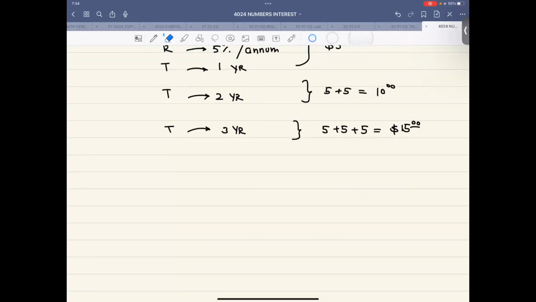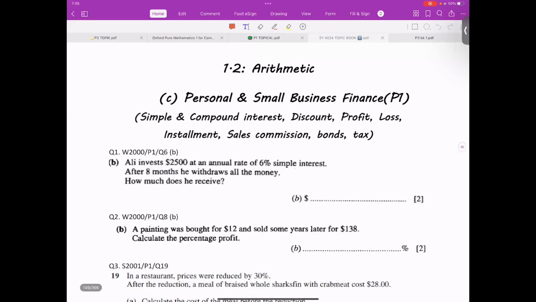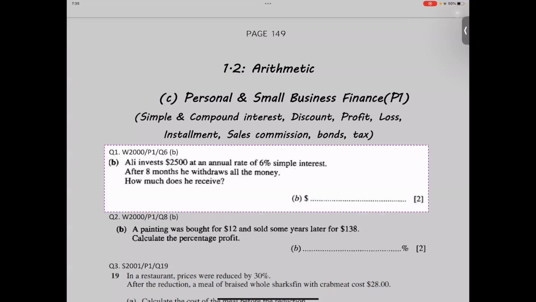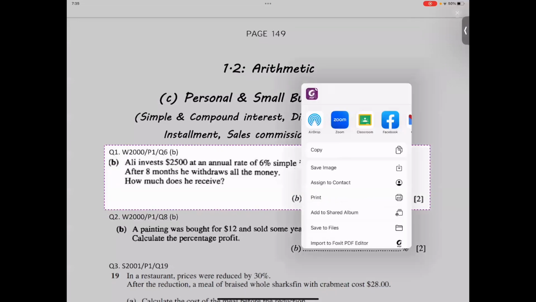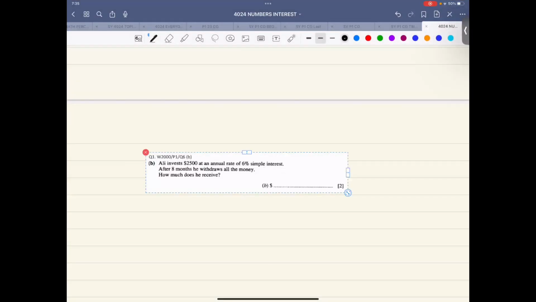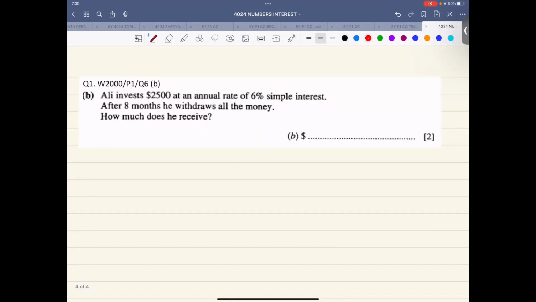Now, let me show you some basic questions regarding simple interest. So let's first get started with this. Let me pick this question over here. The question says, Ali had invested $2,500 at an annual rate of 6% simple interest.